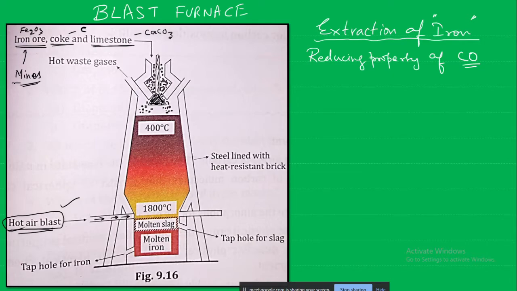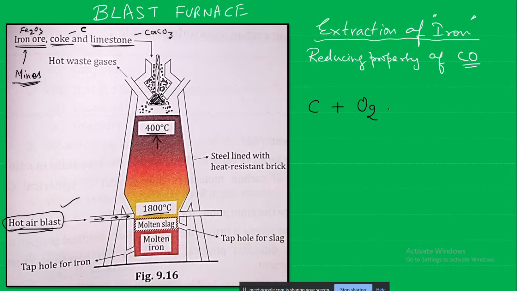So now what is happening is whatever you have given, this iron ore, coke and limestone, they are going to start reacting. Okay, so the first reaction that takes place is that the carbon in the form of coke will react with the oxygen to produce carbon dioxide gas.